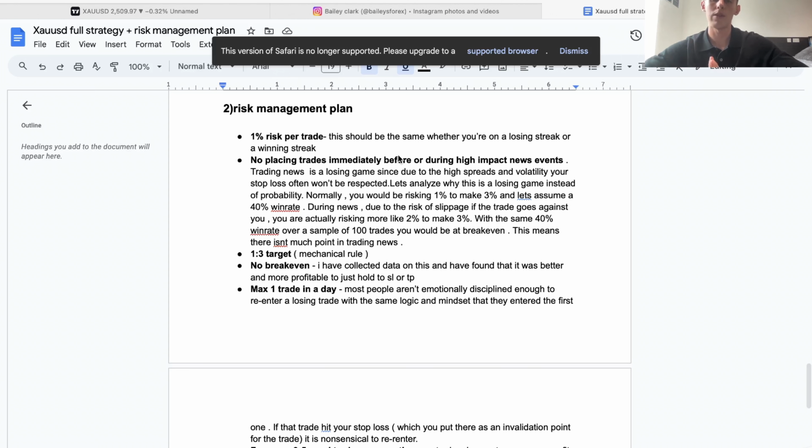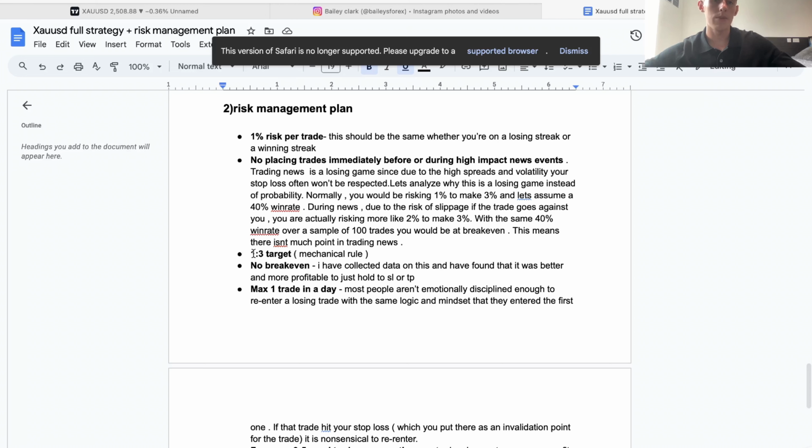With a 40% win rate, if we are risking 2% to make 3%, we are at best going to break even. And if the slippage is really bad and we're risking 3% to make 3%, then we're obviously going to lose money with a 40% win rate. So there's not much point trading news. Even if you get lucky once or twice and catch a NFP or CPI move, over a large sample, you're probably not going to be profitable trading news. So I would just stay away from it.